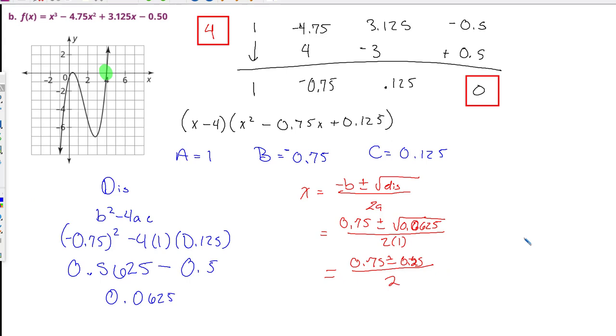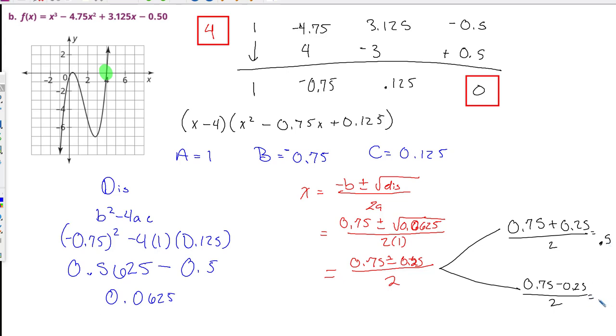And so when we do that math, you have 75 hundredths plus 25 hundredths divided by 2. And you have 75 hundredths minus 25 hundredths divided by 2. And so that's 1 divided by 2, which is 0.5.